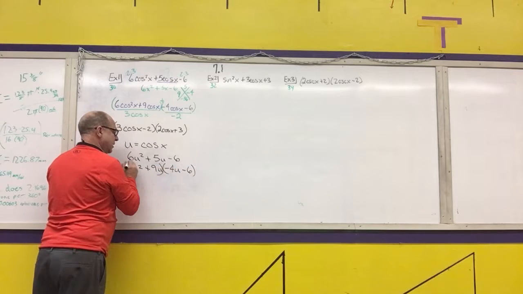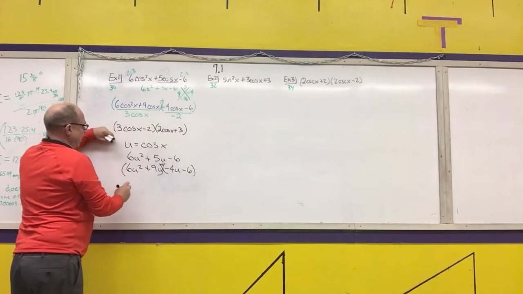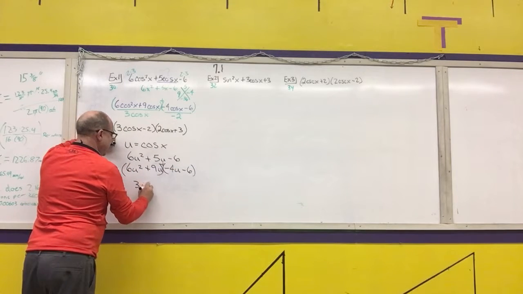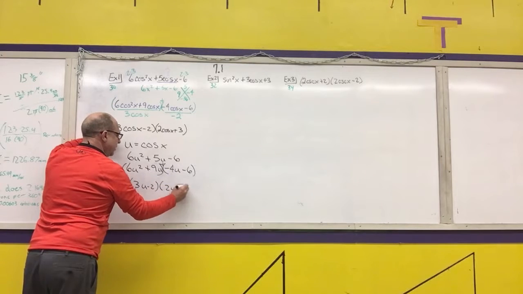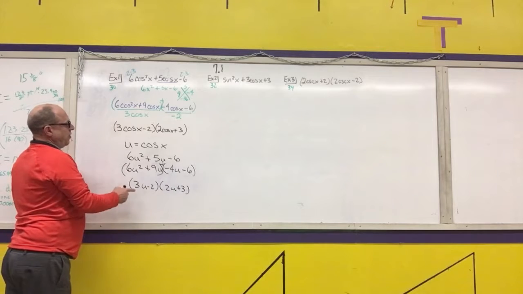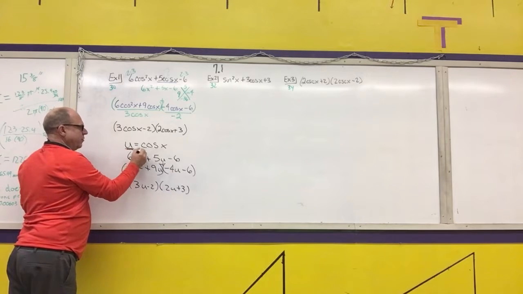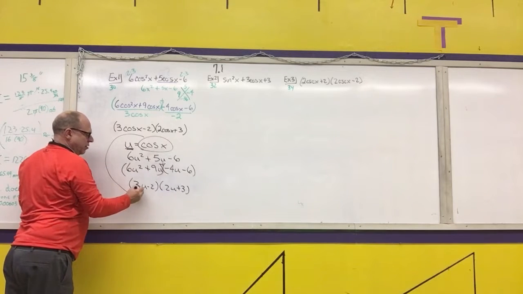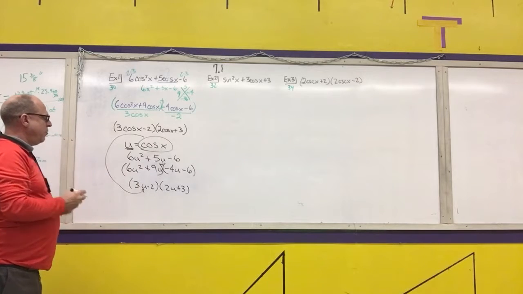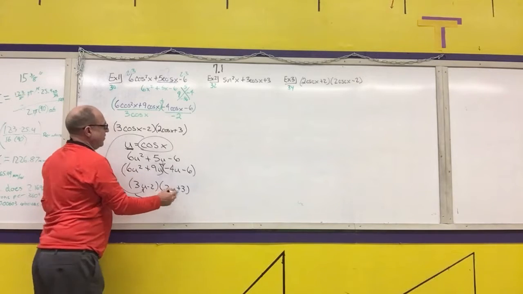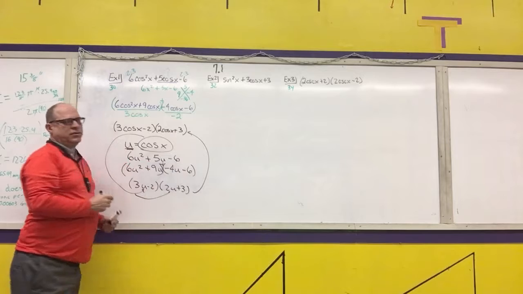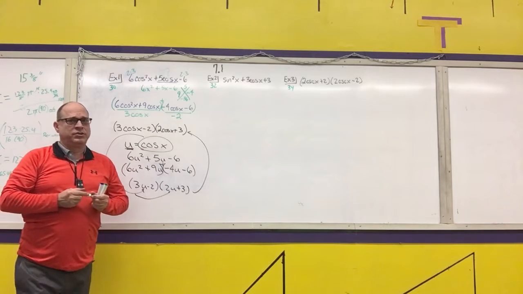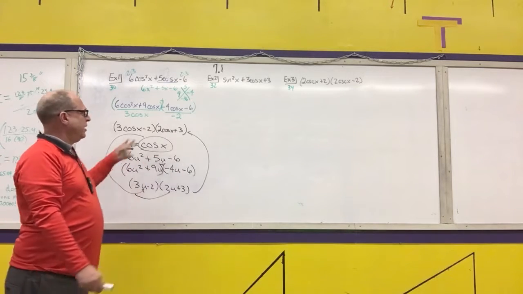Do the grouping process. And I would have had 3u minus 2 times 2u plus 3. And my last step, since my problem did not have u to begin with, I could have put the cosine x everywhere that there was a u, and that would have resulted back into what I did using the trig functions as they were originally in there.